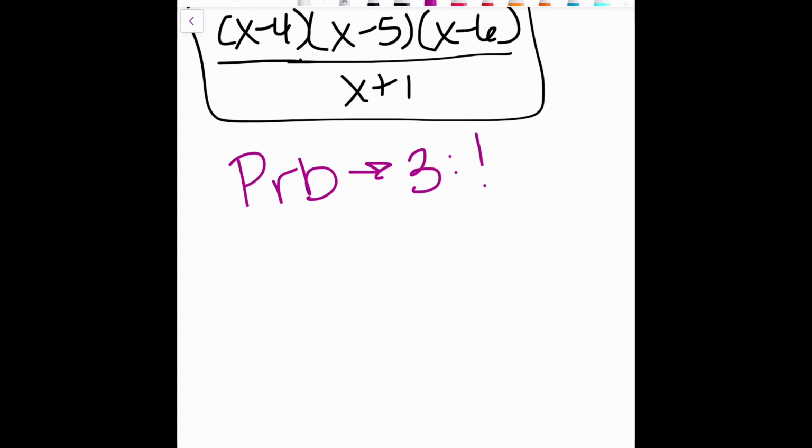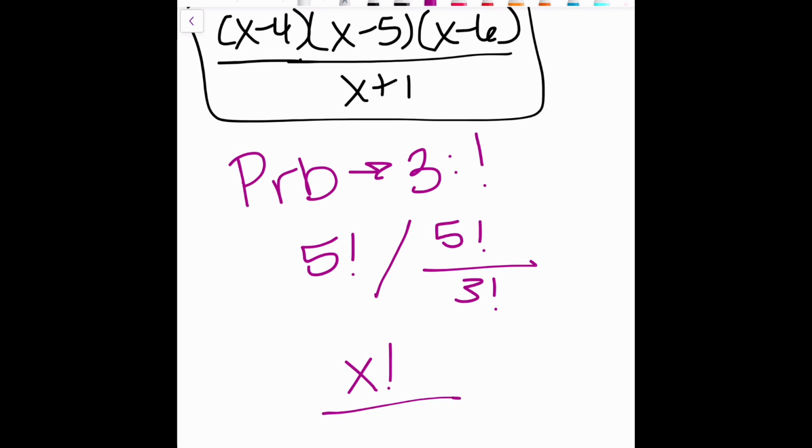So you could put into the calculator 5 factorial or 5 factorial divided by 3 factorial. That will give you an answer, but it will not work for like x factorial over x plus 1 factorial, right? This won't work because it's not going to give you anything for an answer. You can't put a variable in your calculator.